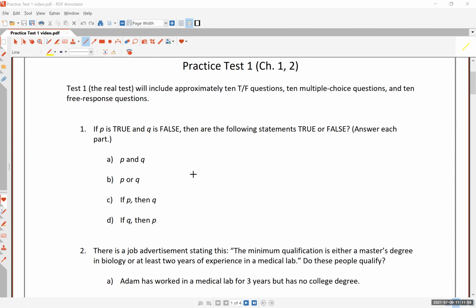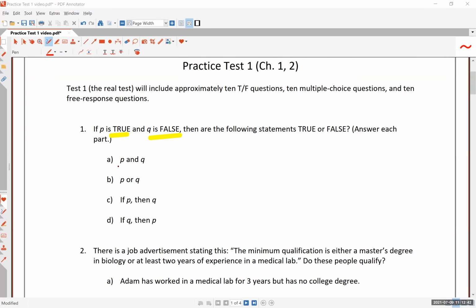Let's go to practice test 1 and start with problem number 1. If P is true and Q is false, what is the truth value of each of the following?